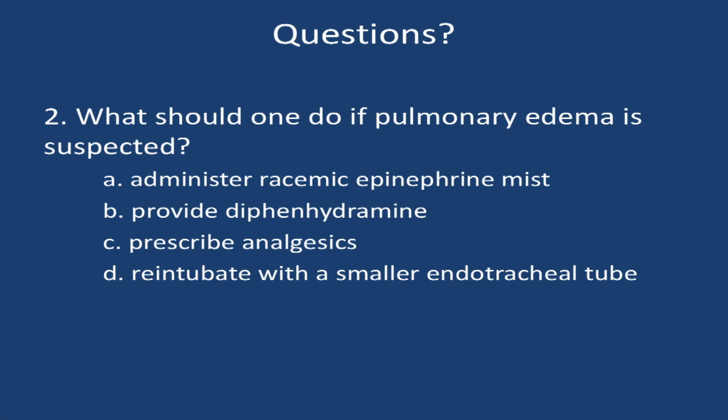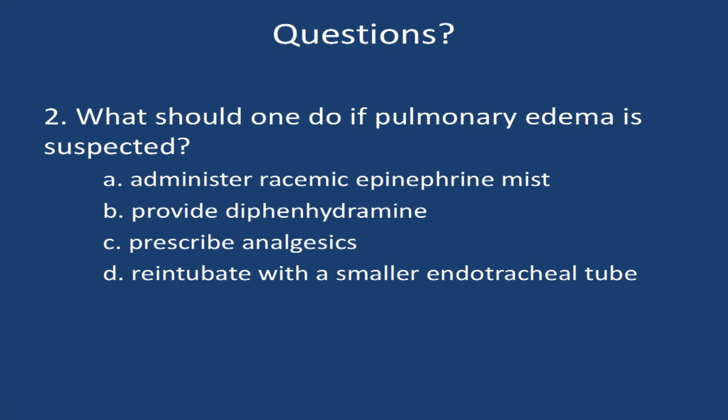Then we might want to allow our respirations to work a lot better, and if we've had some infection going on in the bronchial tree, one of the ways to improve this is to administer racemic epinephrine mist. An asthmatic, for example, is a patient who typically has pulmonary edema if they have some very difficult abilities to respire and ventilate.